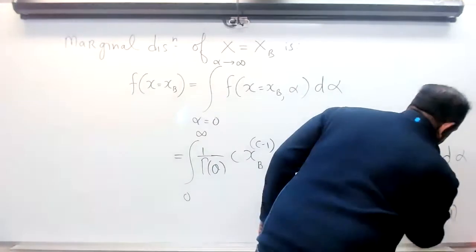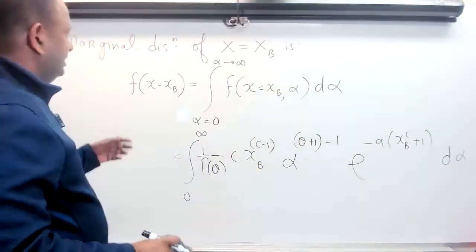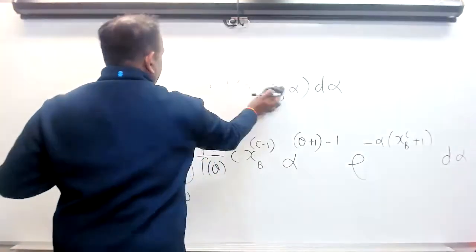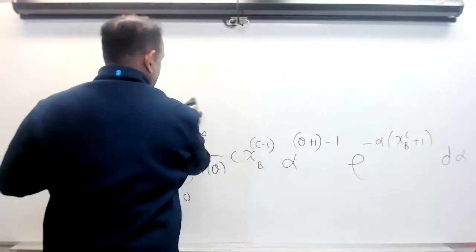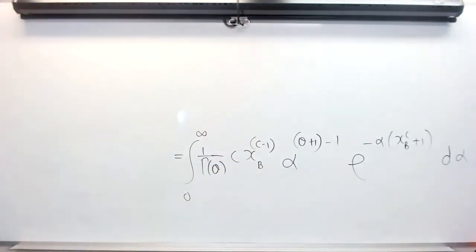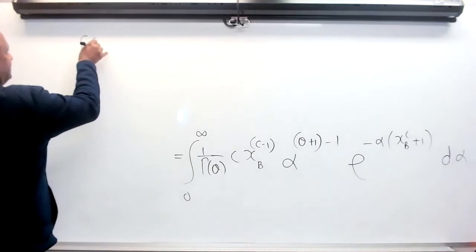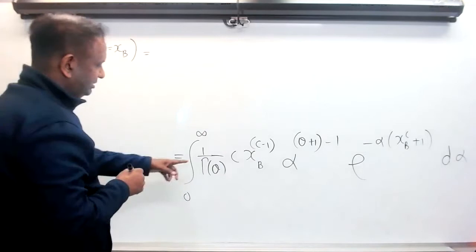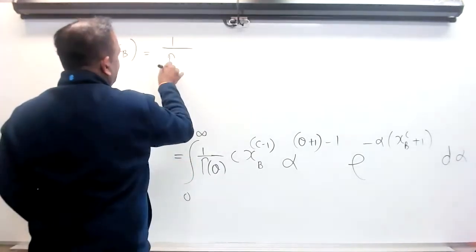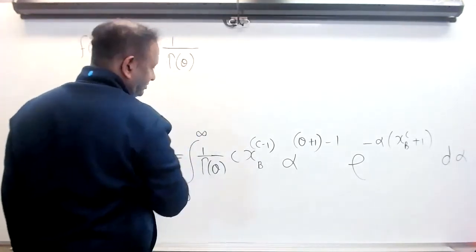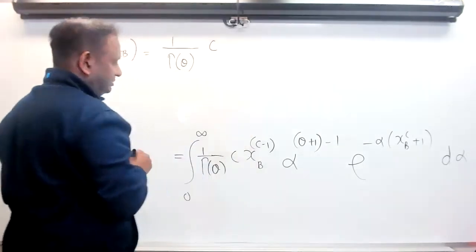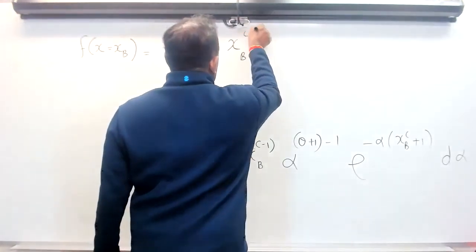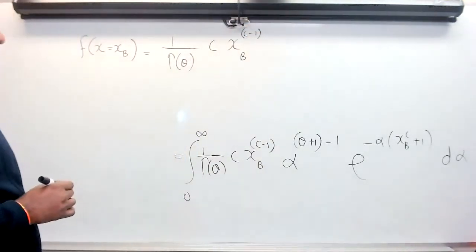For my convenience, I'm going to pull some terms out. So this is what we need: 1 over gamma theta I can pull out, c I can pull out, xb to the power of c minus 1 I can pull out. That's it.